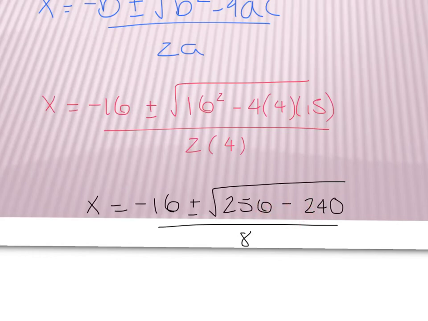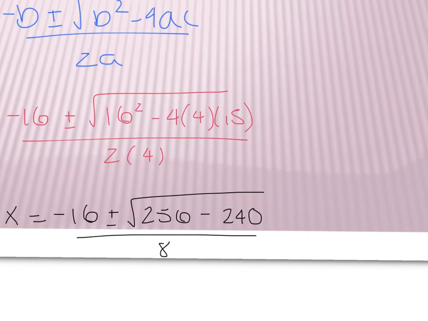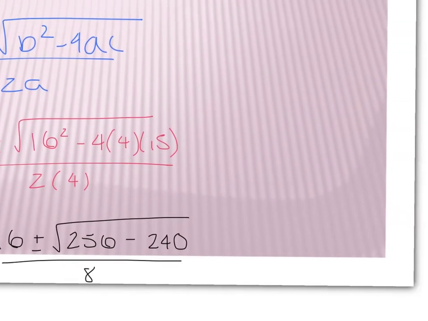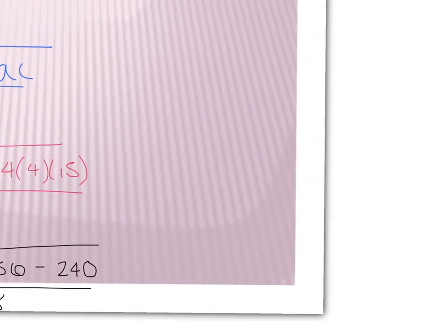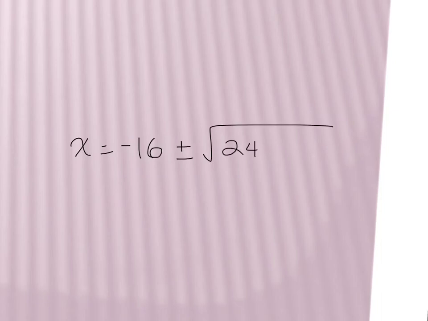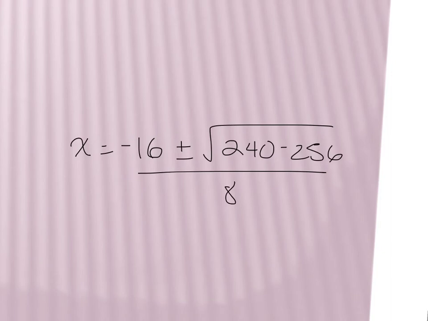So let's pretend, for the sake of the example of complex numbers and your homework, that we ended up with the following. Let's say I got x equals negative 16 plus minus the square root of 240 minus 256, over 8. Now you will clearly see that you end up with the square root of negative 16. This is what you're going to see in your homework.